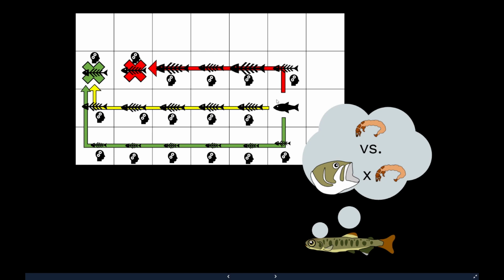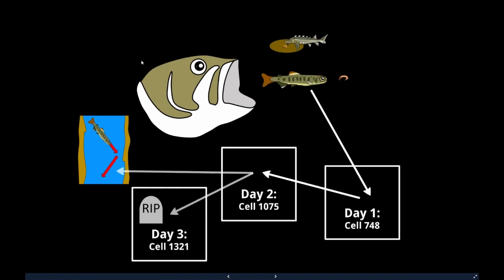And then not only that, but it'll decide that this yellow path here is inferior to this green path here because it suffers lower predation. So it'll move to that green cell here over this green path. So the fish makes that decision every day, day in, day out, until either it is large enough to outmigrate from the system or it dies from some event.